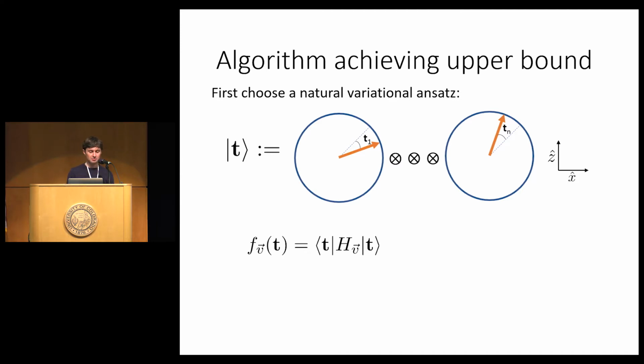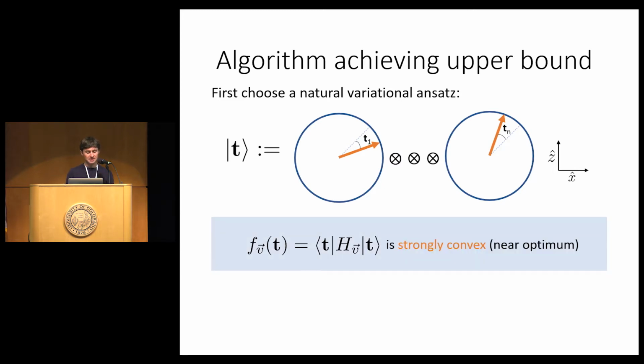For example, parameter 1 just controls the angle of rotation of qubit 1 away from the pi/4 angle. If you remember what the ground states of these Hamiltonians looked like, it should make sense why this is a natural choice of ansatz.